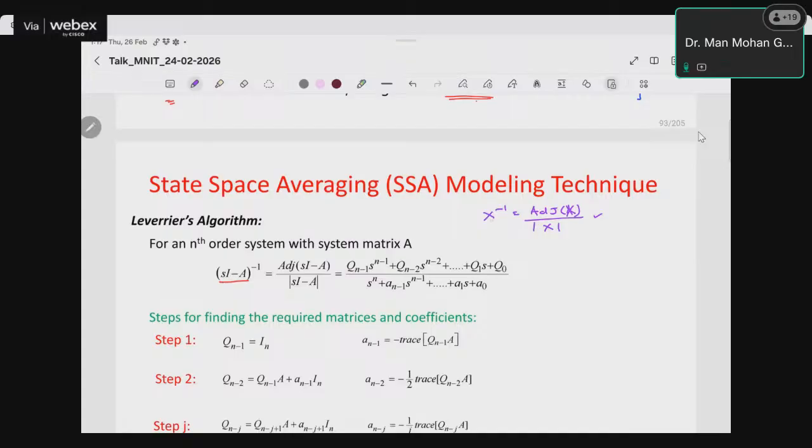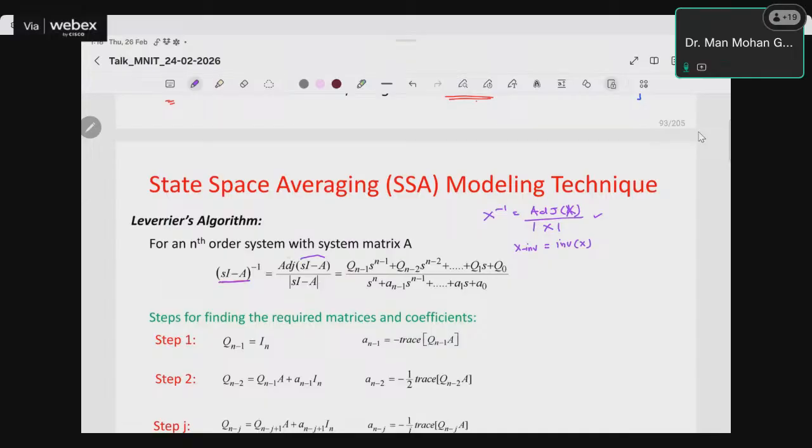And if X is a constant matrix, then I can just write one small code and get X inverse in MATLAB also. But (sI - A) is not a constant matrix. So finding (sI - A) inverse for a system will be the adjoint of (sI - A) divided by the determinant of (sI - A).